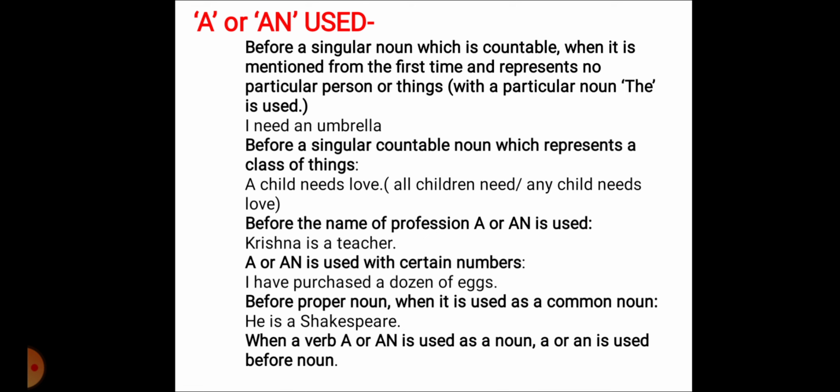When a verb is used as a noun, a or an is used before the noun. For example, he goes for a walk daily. Here walk is a verb used as a noun in this sentence. That's why a walk. He has a habit of going for a walk daily.